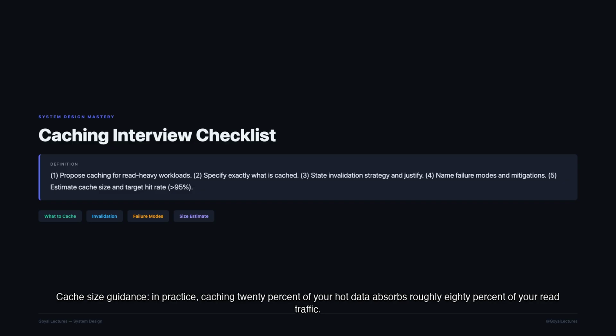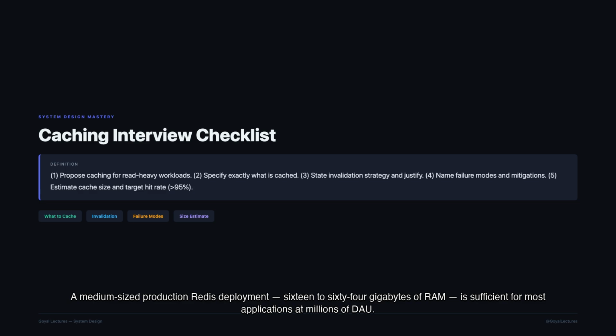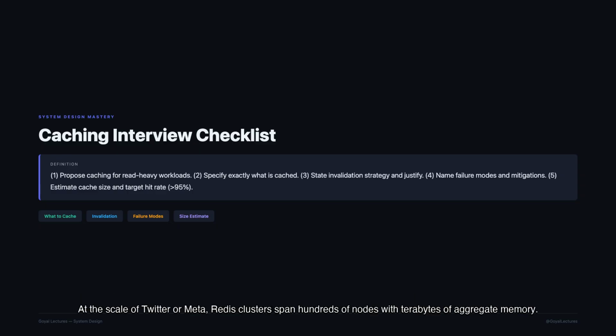In practice, caching 20% of your hot data absorbs roughly 80% of your read traffic. A medium-sized production Redis deployment, 16 to 64 gigabytes of RAM, is sufficient for most applications at millions of DAU. At the scale of Twitter or Meta, Redis clusters span hundreds of nodes with terabytes of aggregate memory.